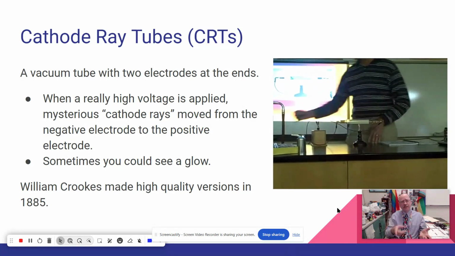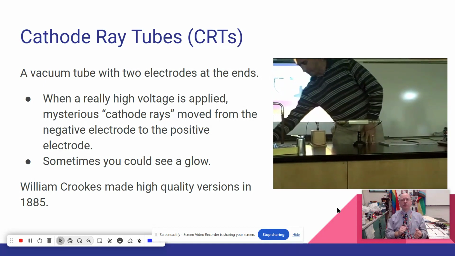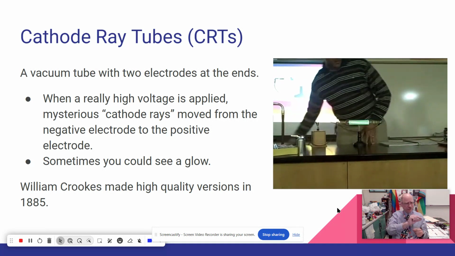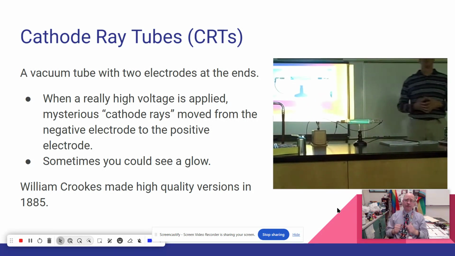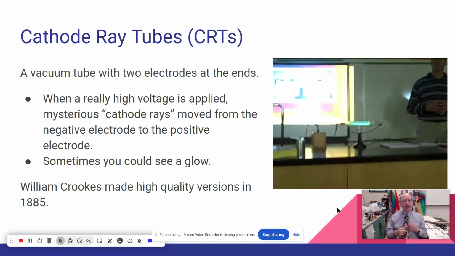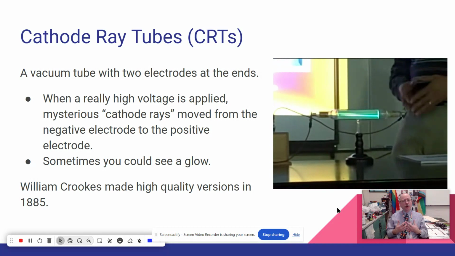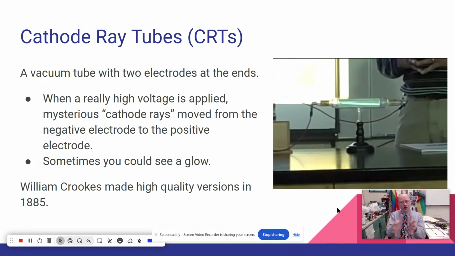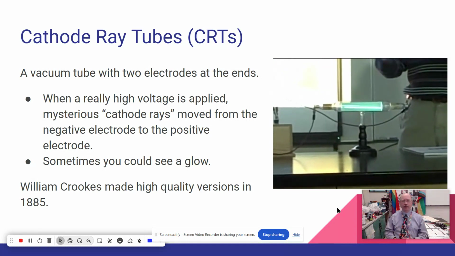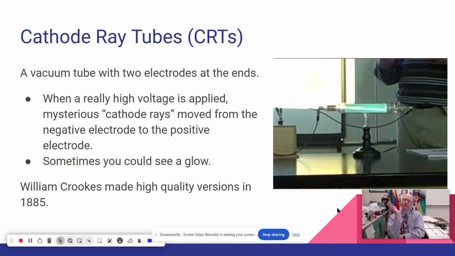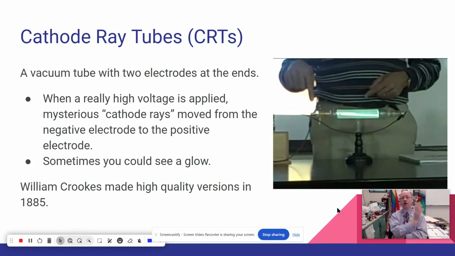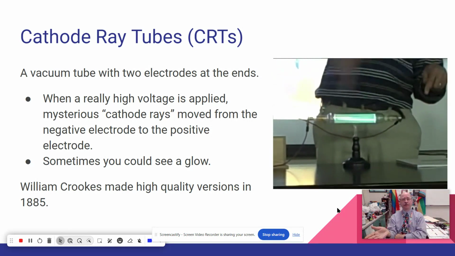And if you do this, and I think in this video he zooms in a second, you can see a faint glow going across the tube. And they were able to show that these rays were coming off of the negative onto the positive plate. Now today, we can think about that and say, what would move on its own away from negative and towards positive?